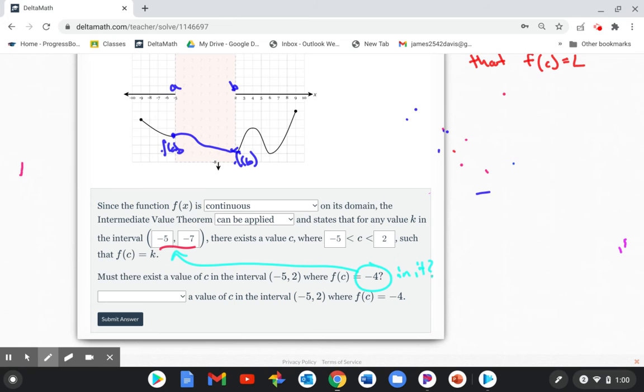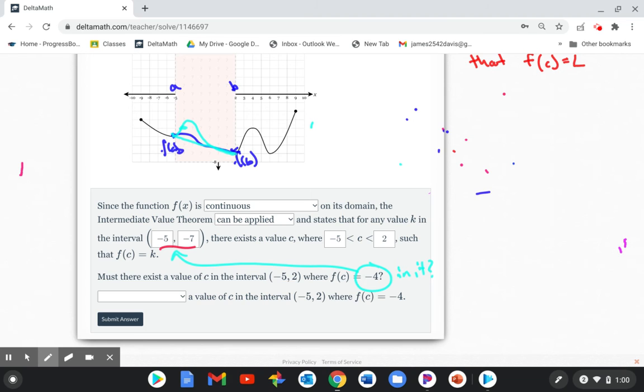Well, not necessarily, right? Our function might go down to -4, but it might not. Our function could go up, like that, and then down. -4 would be right here, but we can't say for sure. All we know is that it's going to go from here to here, and it hits every number in between. So we know it's going to do -5.1, -5.2, -5.3, all the way to -6, -6.1.